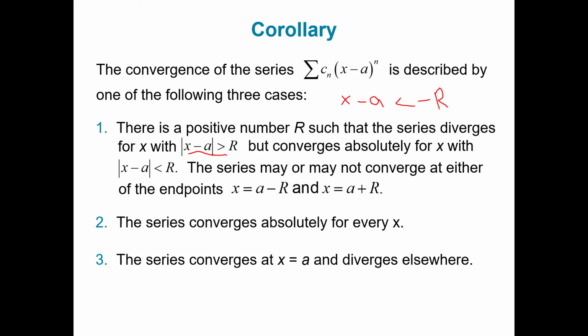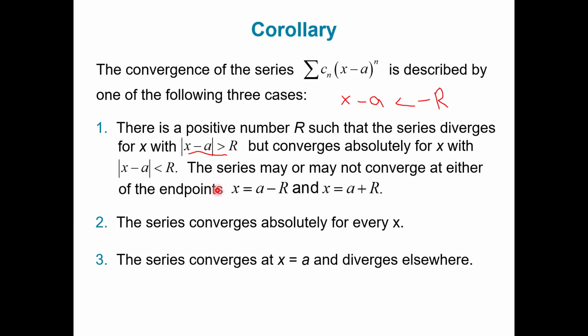It diverges outside of however big R is, but it converges absolutely for any values between positive R and negative R. Again, referencing our last example, that was between negative 1 and 1.